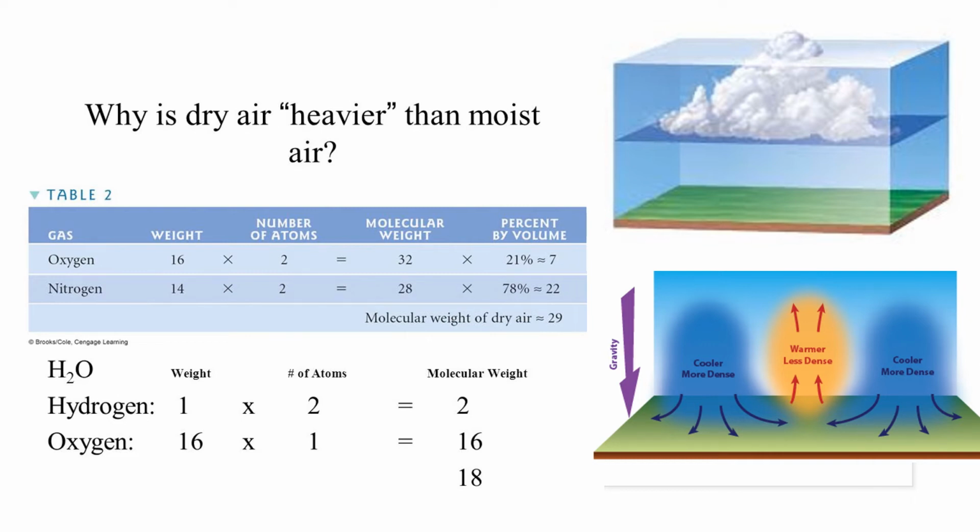So suppose we take a given volume of completely dry air and weigh it. Then take exactly the same amount of water vapor at the same temperature and weigh it. We will find that the dry air weighs slightly more.